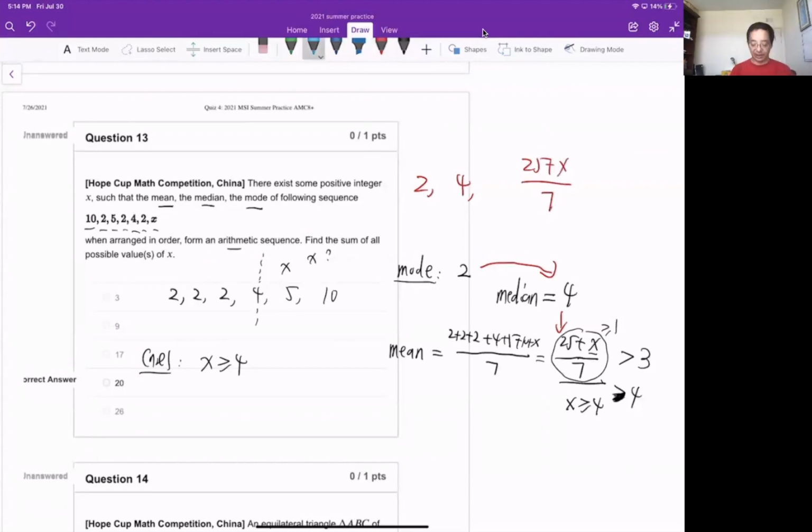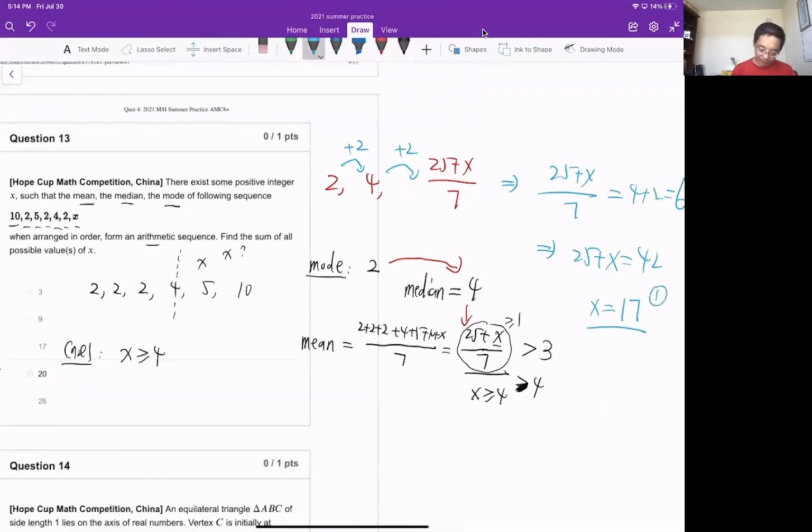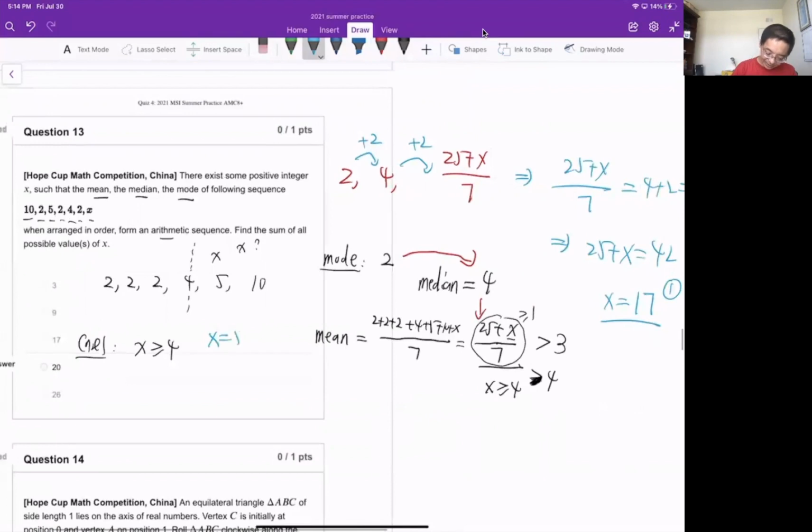Now it's an arithmetic sequence, so from here we get 2, and from here we also get 2. Then I derive that (25 plus x) over 7 shall be 4 plus 2, which is 6. And from this, I get 25 plus x is 42. Therefore, x is 17. So this is one possible value of x. In this case, x is 17. Now let's look at case 2.